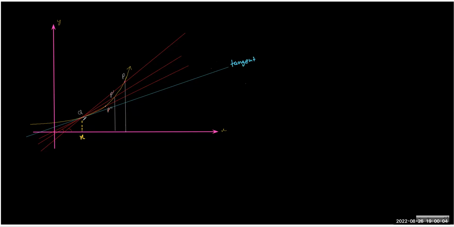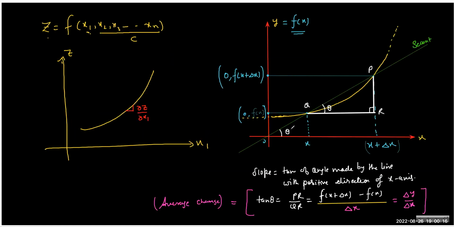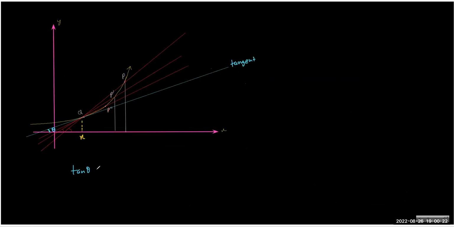So this angle, let's call this your tan theta. What this tan theta is representing here, I'll make it a tan alpha, because I want to show the difference of the two angles. So what is tan theta representing?